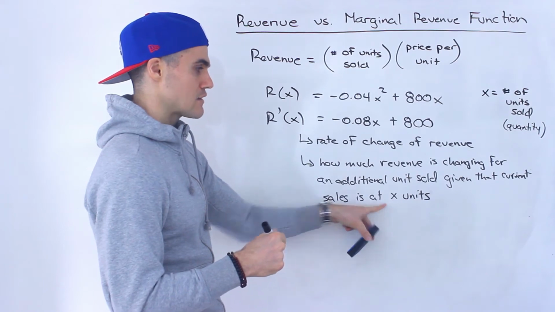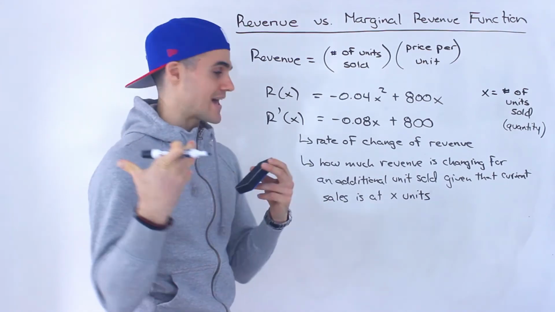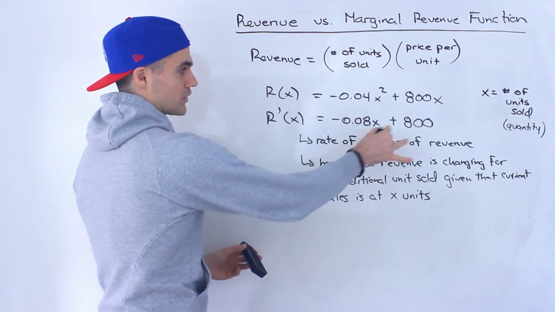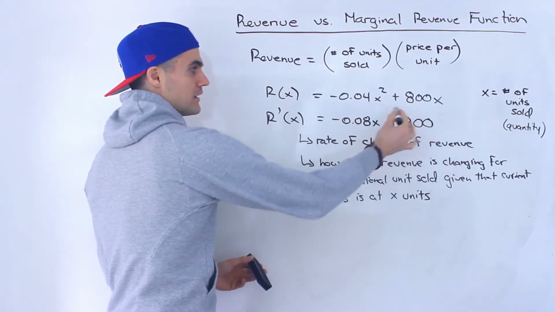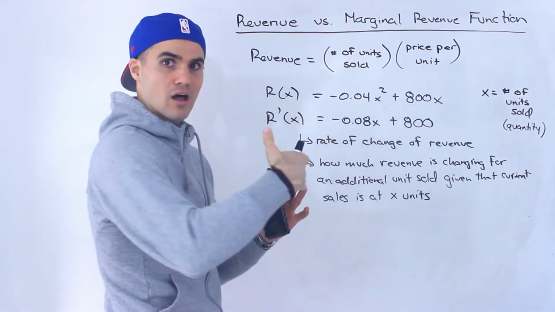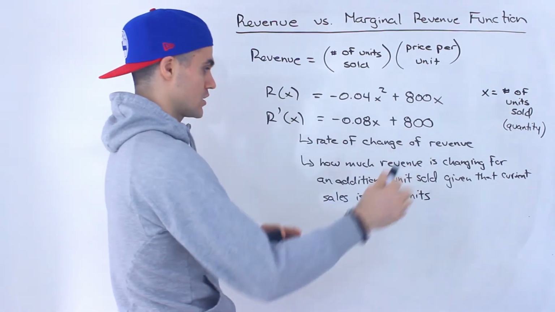So let's say that the current sales is at 100 units. Well, if we plug in 100 over here, that value is going to be how much the total revenue is changing from the sale of the 101st unit.